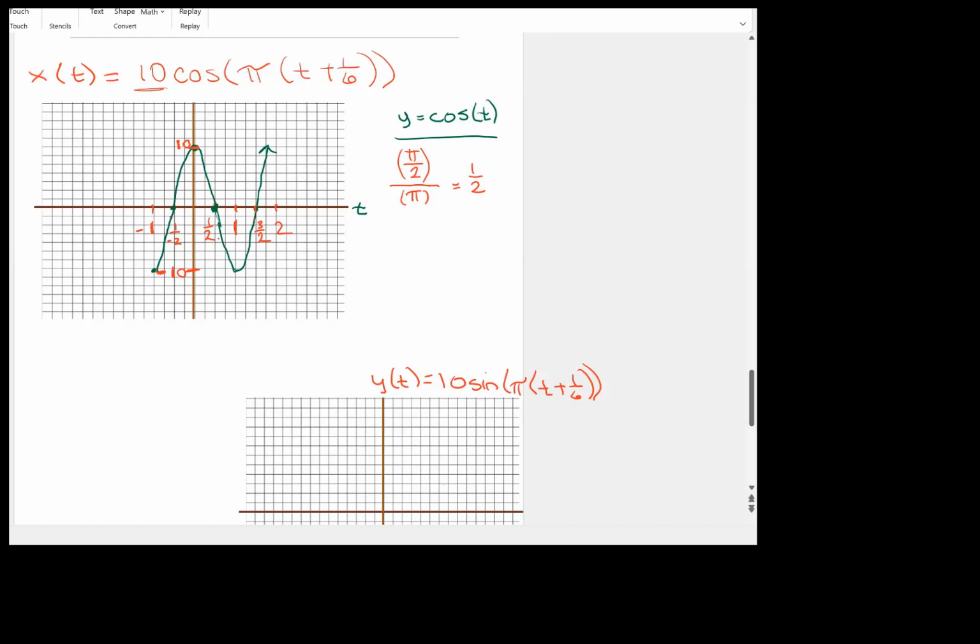Now I've done everything except for account for the fact that this graph is shifting left by 1/6. Let's do our best. What I'm going to do is I'm just going to hit copy, I'm copying this graph.